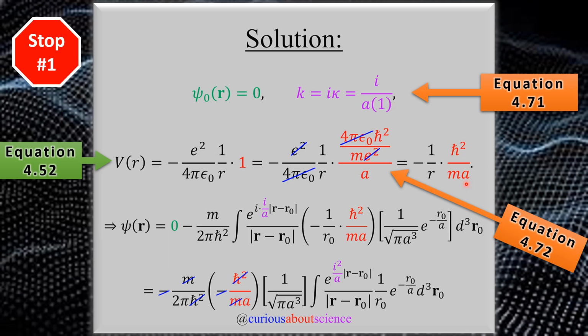Now from here, what we have to do is plug this into equation 10.67, which is the integral form. So this is the psi naught of the r vector, okay, but we said that the incoming wave was 0, so that goes away. Now we have what we see here, a bunch of constants, m over 2 pi h bar squared.